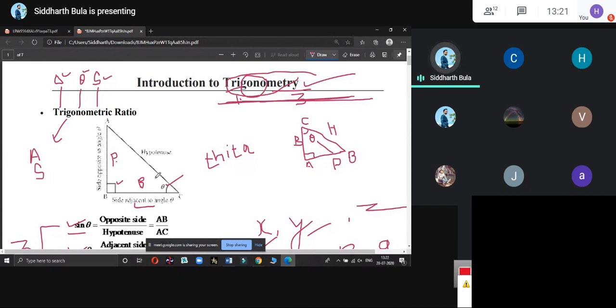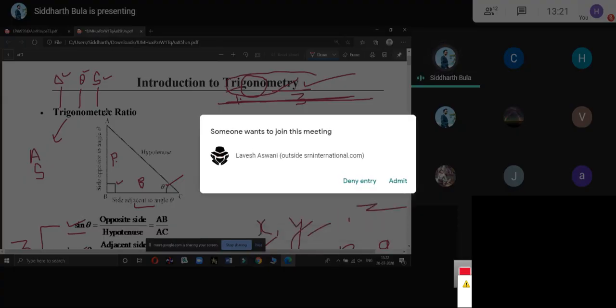Angle is only just one, theta, but we have 3 sides here. Now, according to trigonometry, there should be some relationship between the theta and the 3 sides. Am I right? Trigonometry says relationship between sides and the angle.